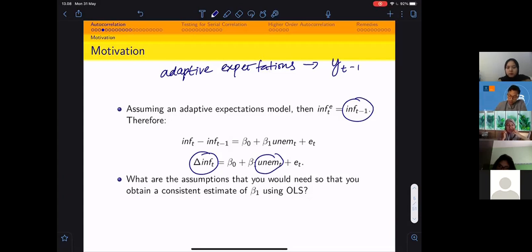So there is no correlation between unemployment and the shocks contemporaneously. Contemporaneously means at the same period. There is no correlation between the shocks and the unemployment. So that's going to be the main assumptions that we need for us to obtain a consistent estimate of beta 1.